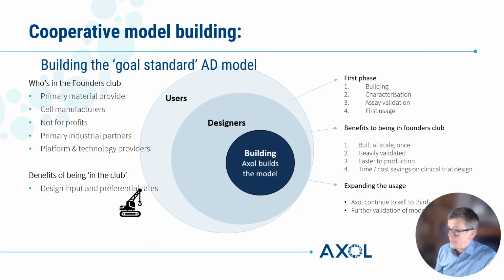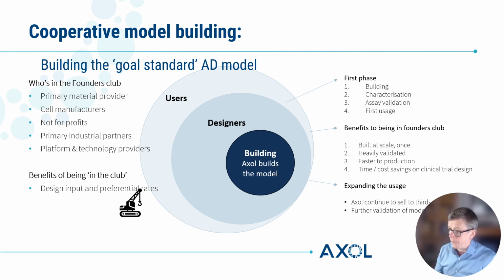So what would this really look like in terms of a big model building exercise? We see this as cooperative model building where, together with partners, we come together to try to build, establish and characterize a gold standard AD model. In practice, we need a number of people in this group.